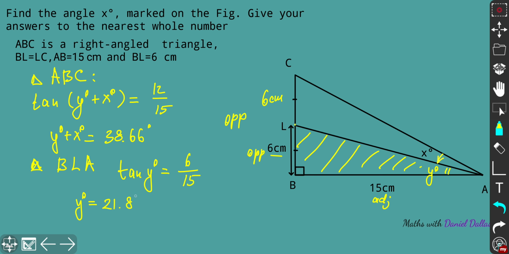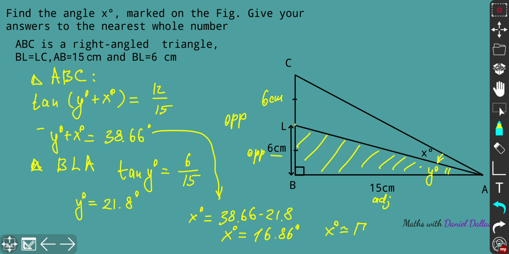Okay, and how to find angle x? Just plug y here and express. So angle x from this expression is going to be 38.66 minus angle y, which is simply 21.8. Okay, so that's why finally angle x is going to be equal 38.66 minus 21.8. We've got 16.86 degrees, or to the nearest whole, it's going to be approximately 17 degrees.